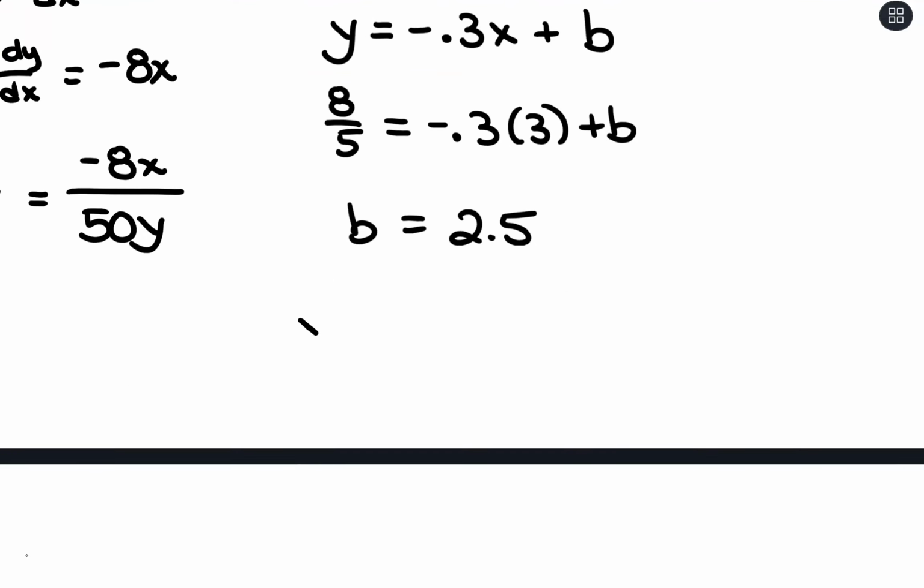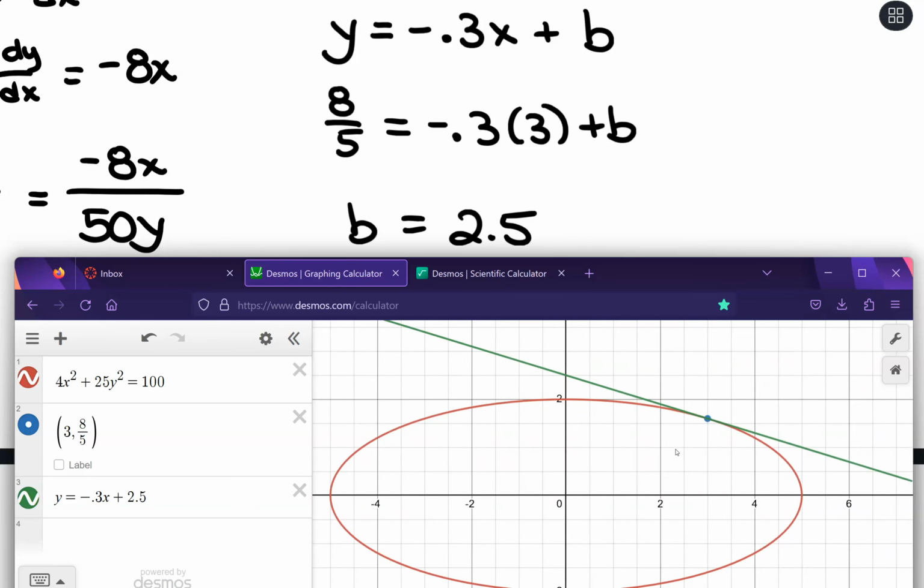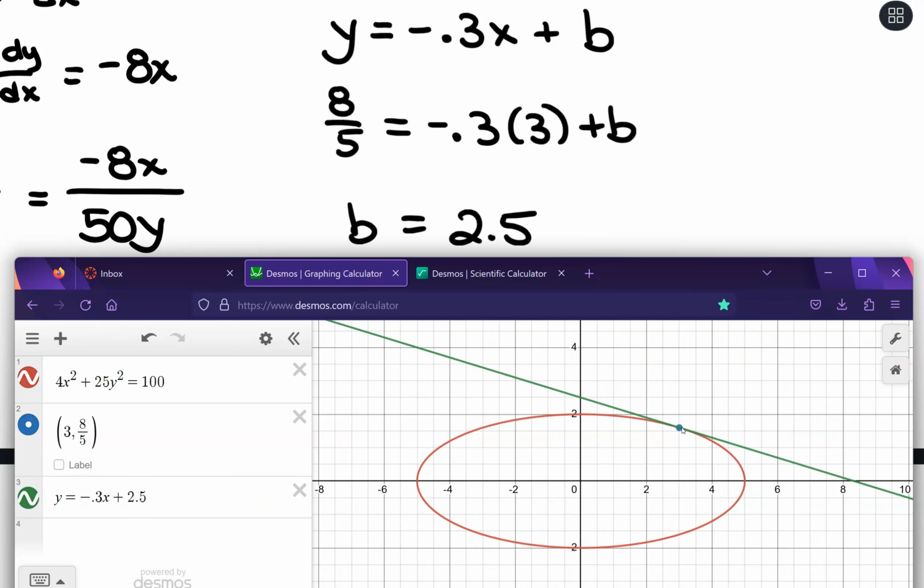So our equation of the line is y equals negative 0.3x plus 2.5. Let's see how that looks. And there's our tangent line to our ellipse.